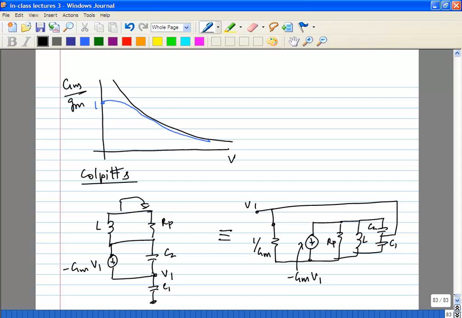So the input impedance looking in at the source is 1 over GM, right? Is that clear? So you're just redrawing the same thing, except that you're decoupling this and sending it to the source.